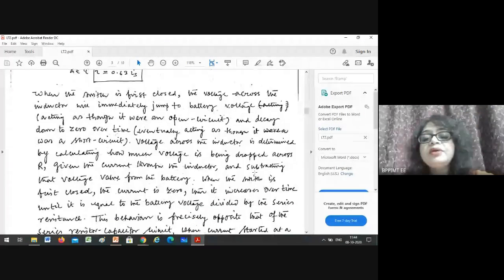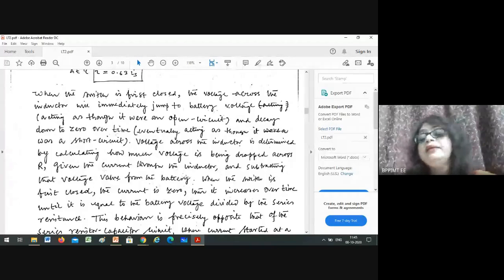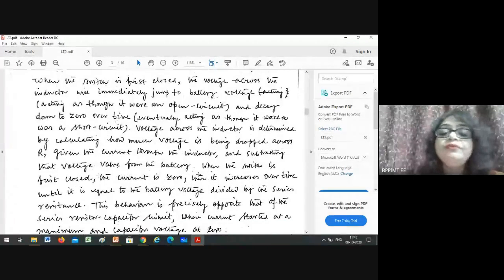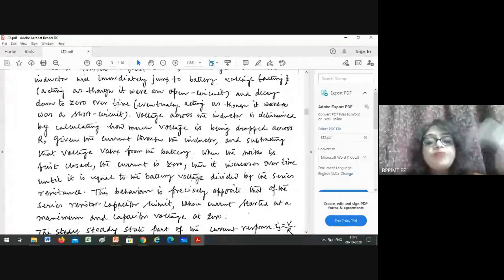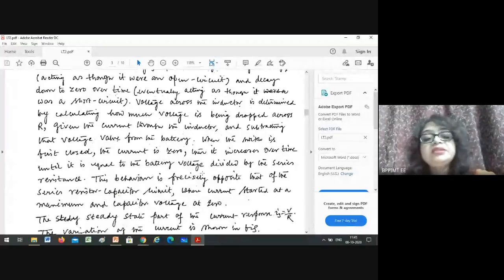The voltage across R is given by the current through the inductor, and subtracting that voltage value from the battery. When the switch is first closed, the current is 0. Then it increases over time until it is equal to the battery voltage divided by the series resistance.